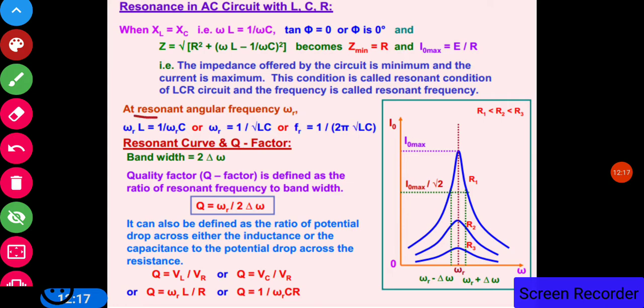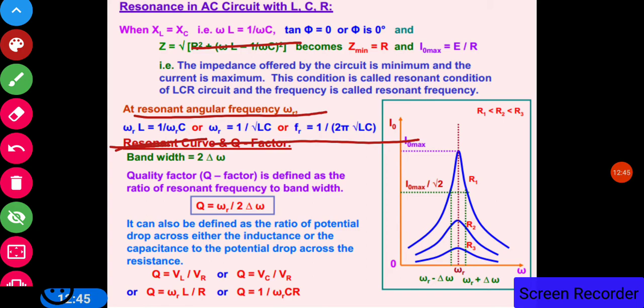So, the value of the resonant frequency, if it is denoted by omega R, R for resonant. So, omega L is equal to 1 upon omega C. It can be represented as omega R L is equal to 1 upon omega R C, and when you simplify this, you will get omega R is equal to 1 upon under root LC, and this frequency is known as the resonant frequency.